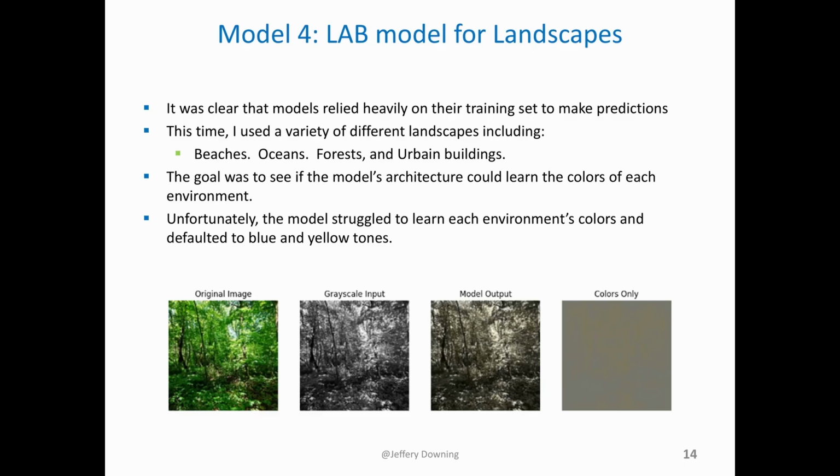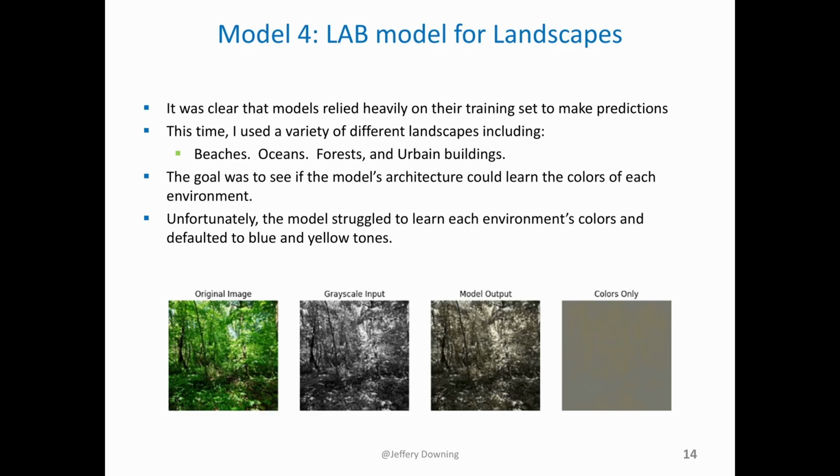And so my goal with this model was to see if the architecture was able to learn the colors of each different environment. But unfortunately, the model struggled to learn the colors of each, and just sort of defaulted to using blue and yellow tones regardless of what the environment was.